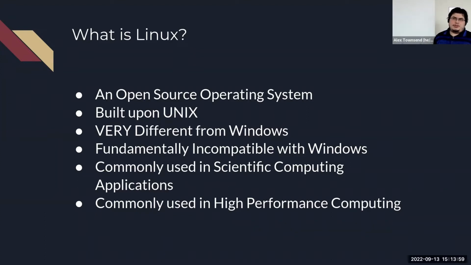Many of them have ports to Windows nowadays, or are built on something that's cross-platform, like the Java platform. But a lot of research software is developed, at least at first, for Linux systems. So as a result, it gets used a lot as the main platform for research.